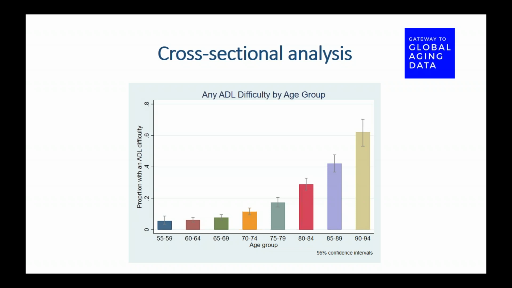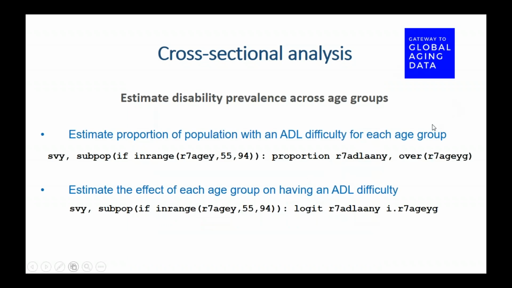And we can also test whether these are different, and we can do that using a regression technique. So we can estimate the effect that being in each age group has on having an ADL difficulty. We can do this using a logit regression because we're estimating the effect on a binary variable.